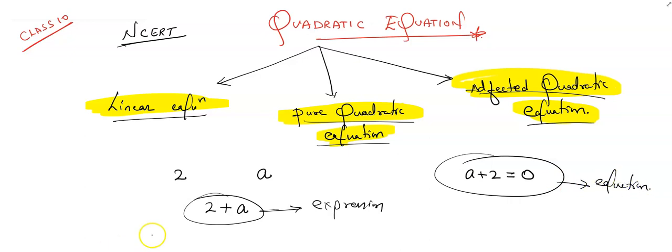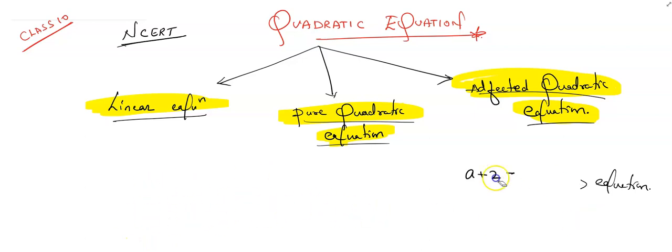Is this clear? The difference between expression and equation: this is in the function of a, f of a is equal to 2 plus a, it is a function, but here it is an equation. Whenever you get an equals sign, that means it is an equation. If there is no equals sign, then we call that an expression. Okay, is this clear? Good.